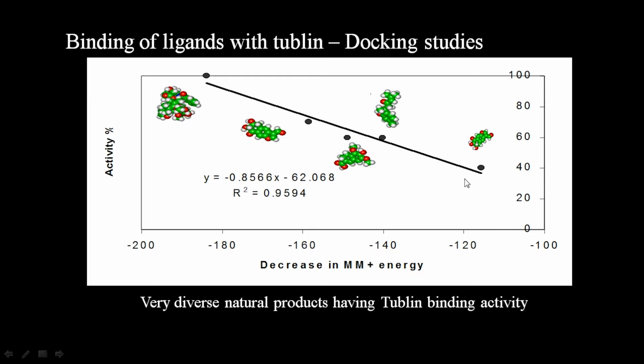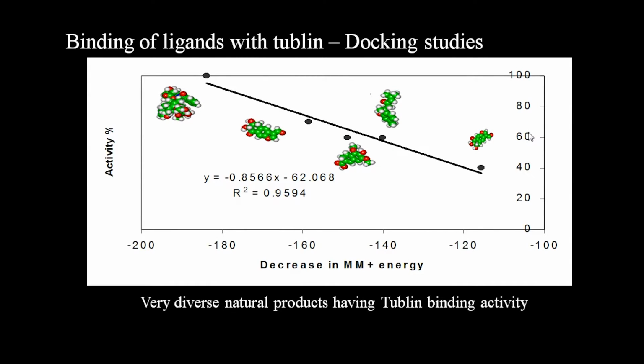As it becomes better binding, with more interaction and a greater decrease in energy after binding, the activity value also keeps increasing. So I am showing a lot of examples of target-based drug design where we can do the binding of various ligands.